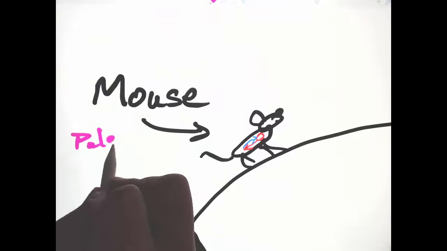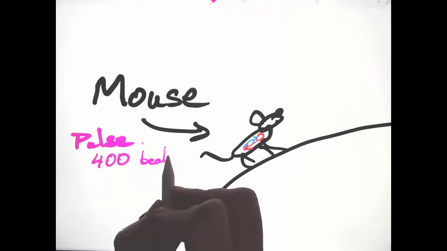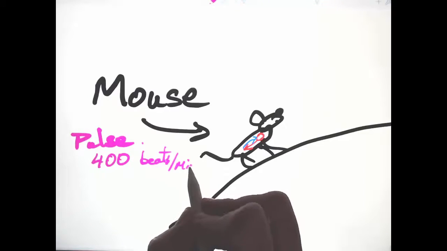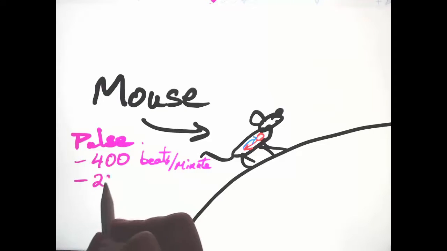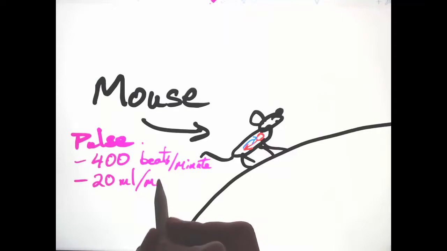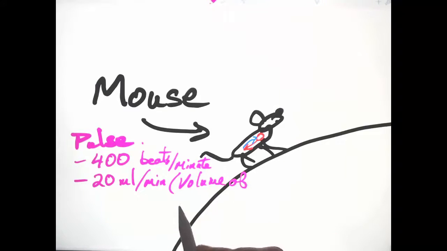A mouse has a pulse rate of 400 beats per minute, much higher than yours. It has a cardiac output of 20 milliliters per minute, and it only has a volume of about 1.5 milliliters. So every minute it is moving its blood through the entire circulation 13 times.